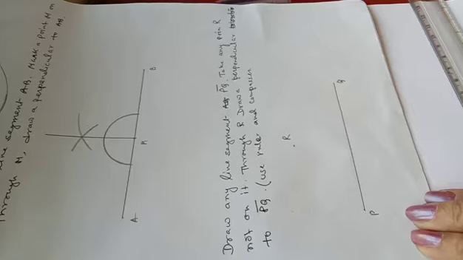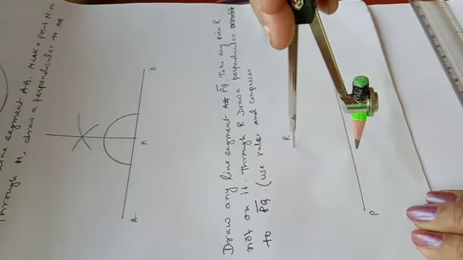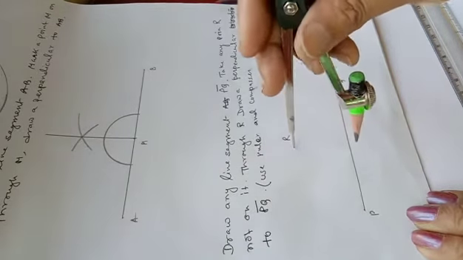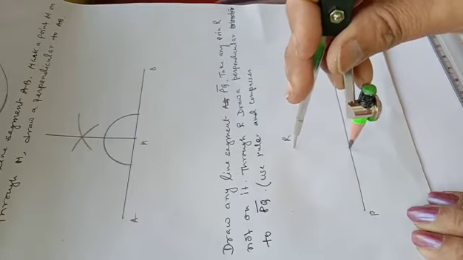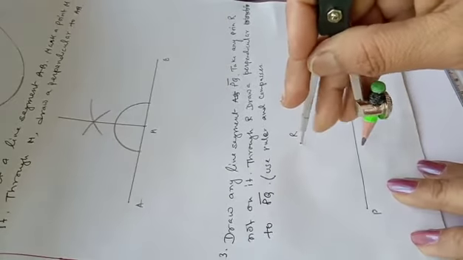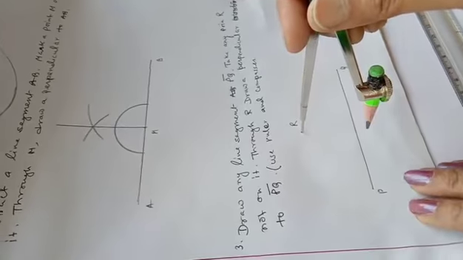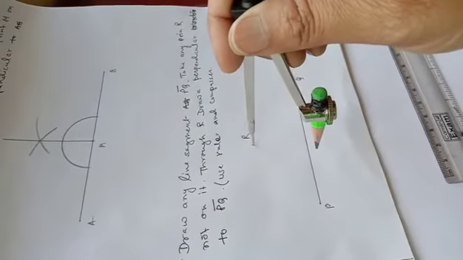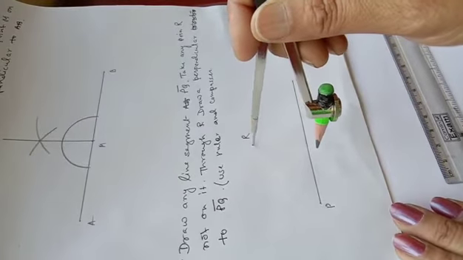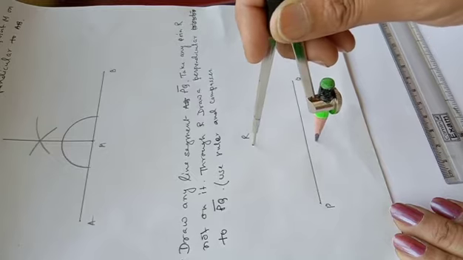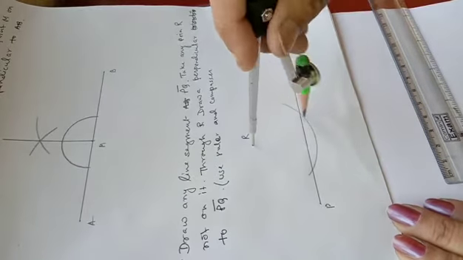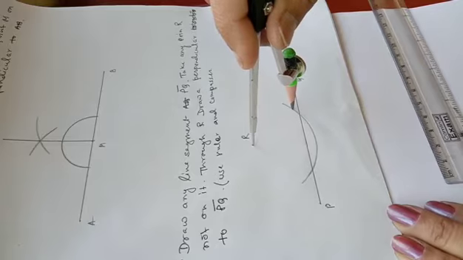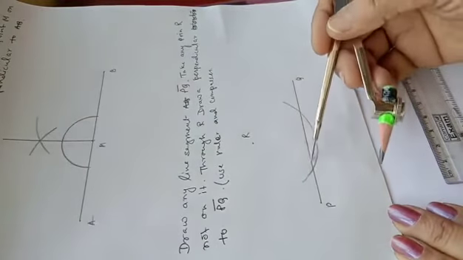From here you will take any measurement which is not equal to this line, slightly larger than this line. Can you see clearly? So take any measurement which is slightly larger than this line. Now you have to make one arc like this to touch 2 distinct points on the line.